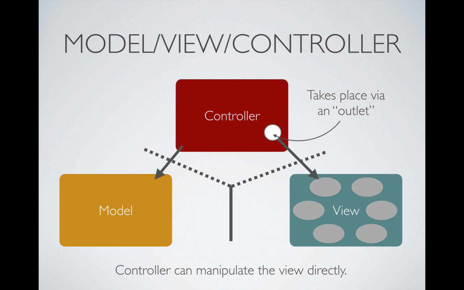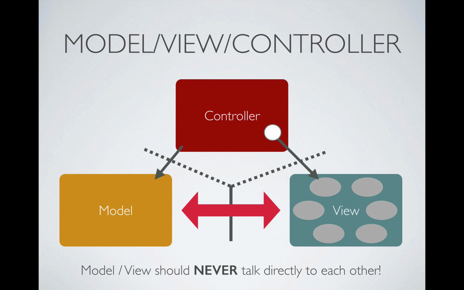An outlet is basically a variable or a property on a controller that references a control out in the view hierarchy. So if I had a label and I wanted to be able to change the text on the label out there on my view, I would create an outlet in my controller and wire it up so that it references that particular label.